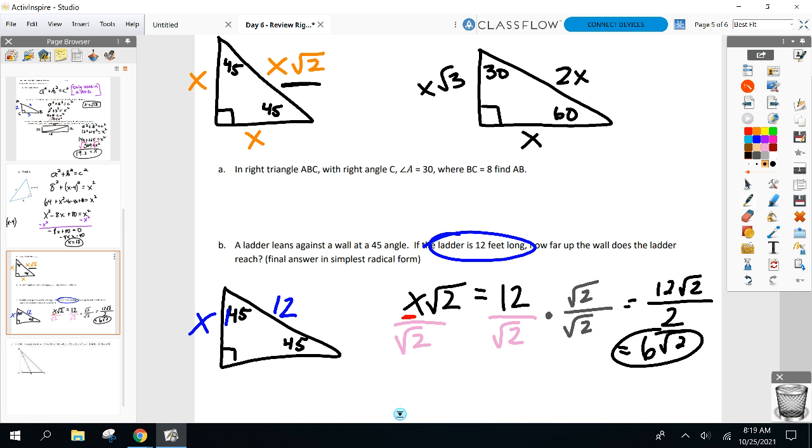Okay, so before we get out of here, let's try out letter A. Please draw yourself the correct diagram first as I walk around. That's what I want to see first.